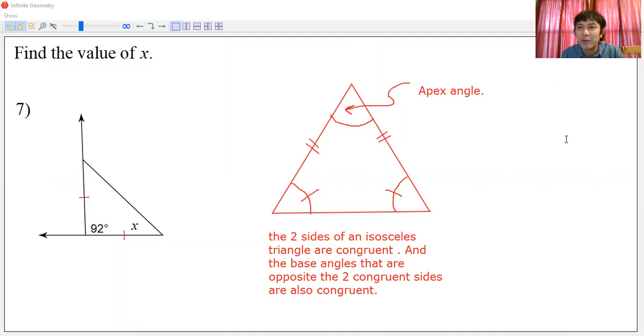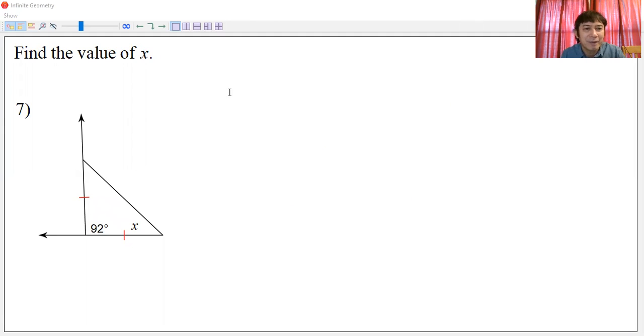So we're just trying to discuss the names, and yes, so the two angles that are congruent are called base angles. The one remaining is called the apex angle. All right. Let's continue with the problem. All right. Let me clear my definitions here.